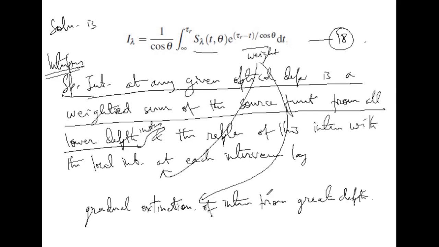Okay. Now at large optical depths, the weighing strongly favors nearby layers, and the mean free path of the photon is short enough that the source function can be approximated by a Taylor expansion.